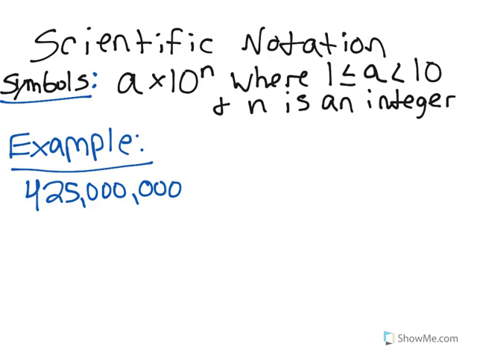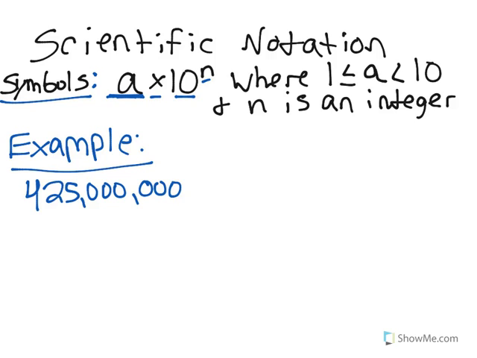Sometimes people like to see these descriptions with symbols so that it makes sense to them. So for example, if you had the format of some number times 10 to the n power, for scientific notation, a, that some number, has to be somewhere between 1 and 10. It can be 1, but it cannot be 10.